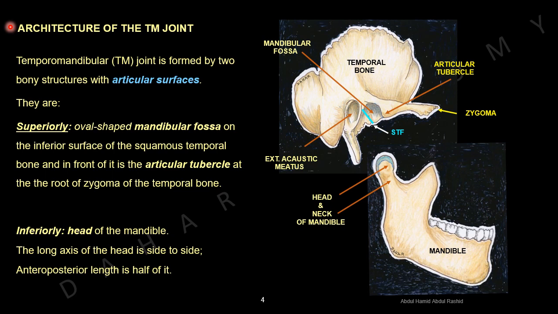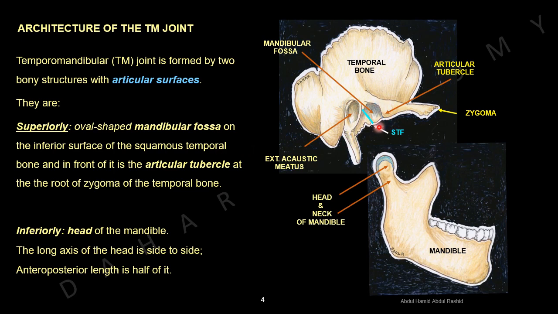Architecture of the temporomandibular joint. The temporomandibular joint is formed by two bony structures with articular surfaces. Superiorly is the oval-shaped mandibular fossa on the inferior surface of the squamous temporal bone.